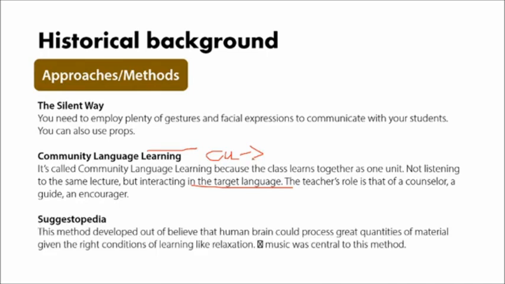And the next one we have is Suggestopedia. This method developed out of the belief that the human brain could process great quantities of material given the right conditions, and learning like relaxation. So for example, you are discussing a particular topic, but there is a relaxing musical background.